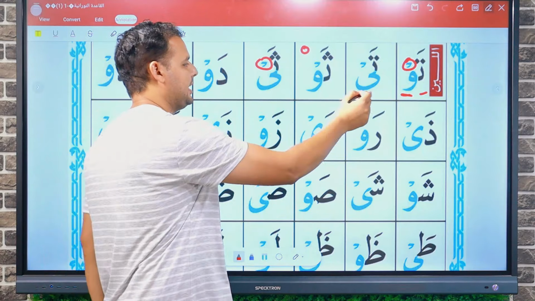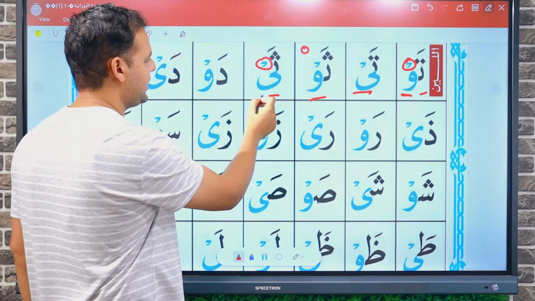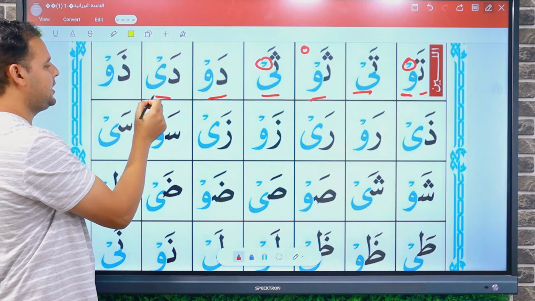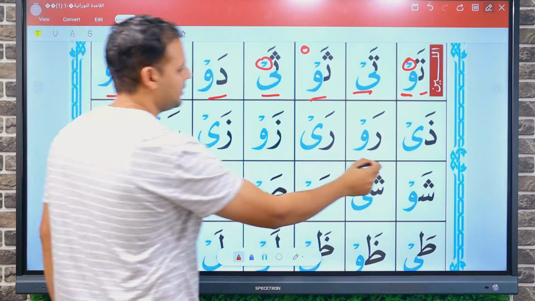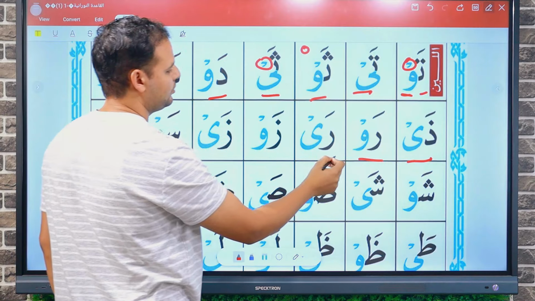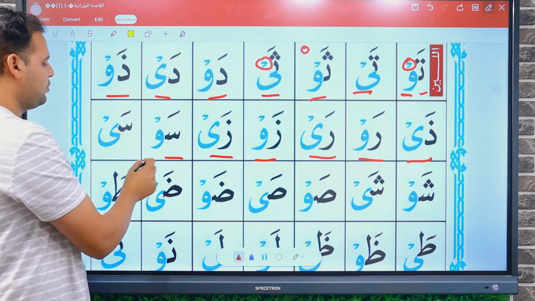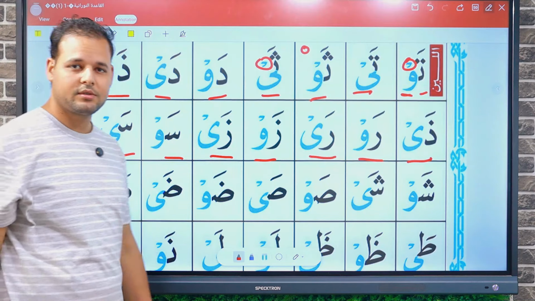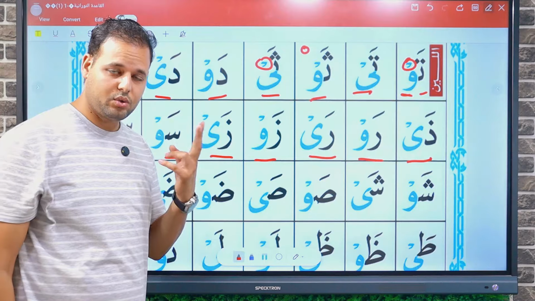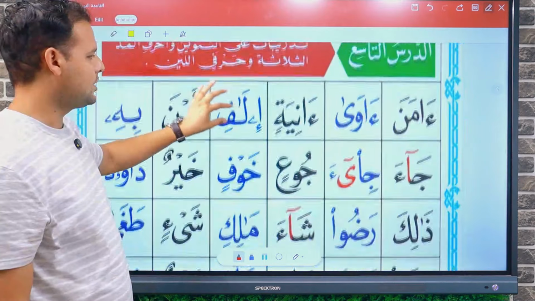Tau, tai, thou, they, rau, rai, zau, zay, so, say, and so on. Two letters, one sound.